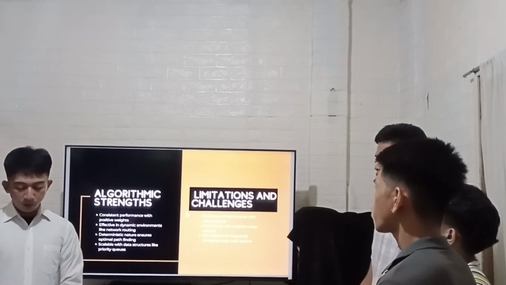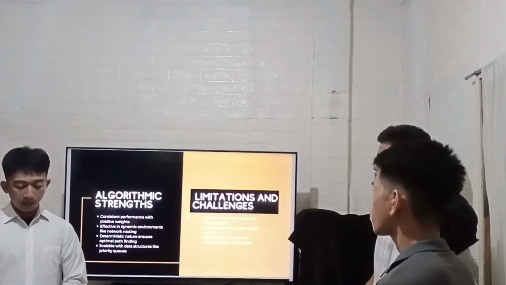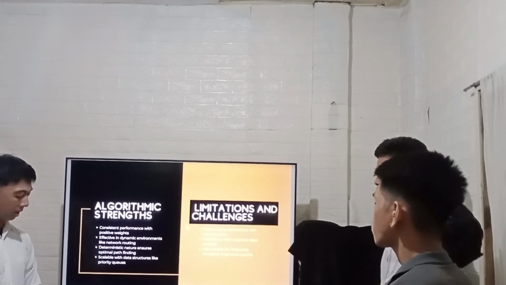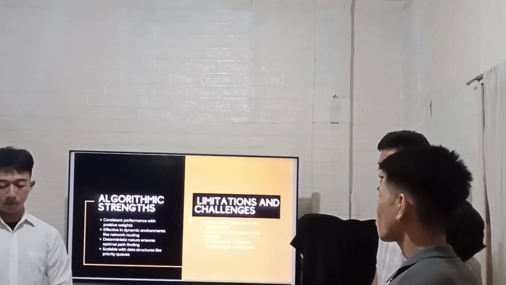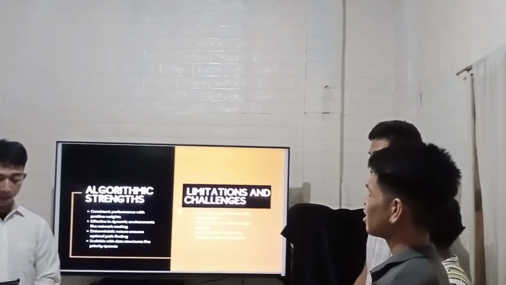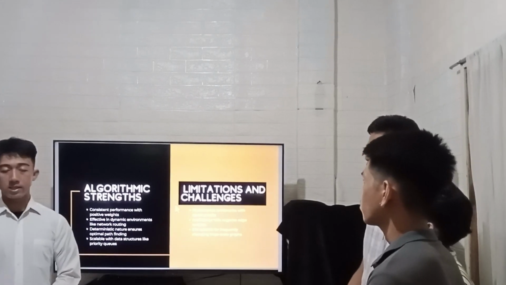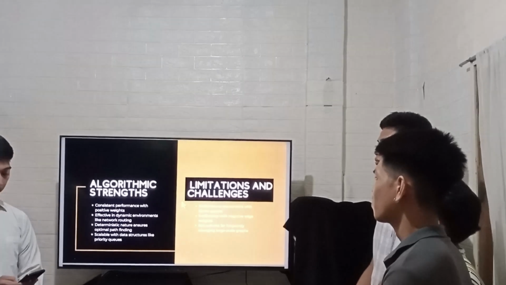It is also inefficient when dealing with graphs that have negative edge weights, as it cannot handle those cases properly. Furthermore, it is not suitable for scenarios where the graph changes frequently on a large scale, as recalculating the shortest path can become burdensome.